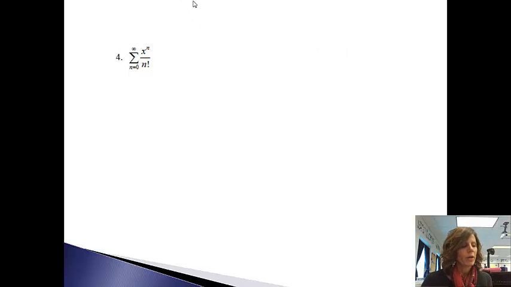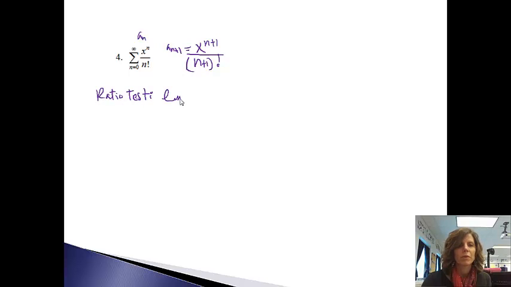We're going to go ahead and again use the ratio test. This is my a sub n. My a sub n plus 1 will equal x to the n plus 1 over n plus 1 factorial. So if I'm using the ratio test, we'll find the limit as n approaches infinity of x to the n plus 1 over n plus 1 factorial divided by a sub n.